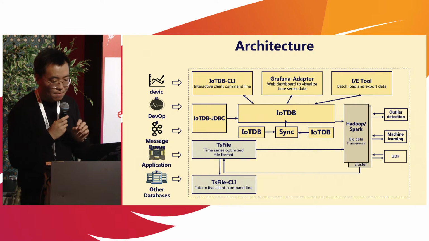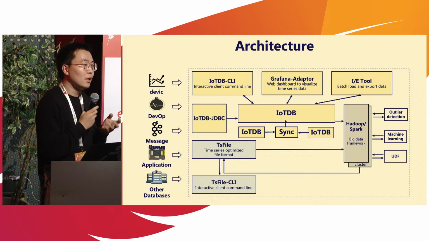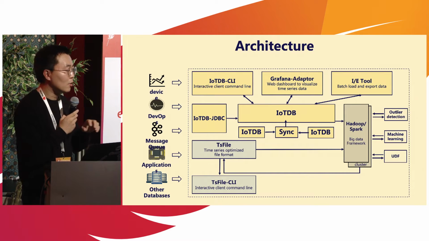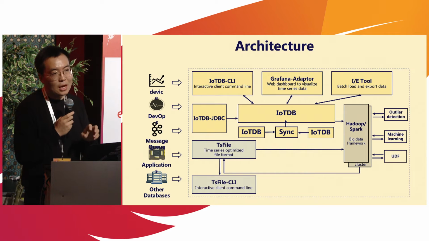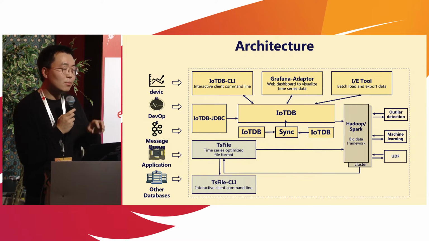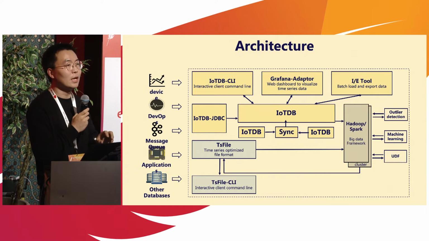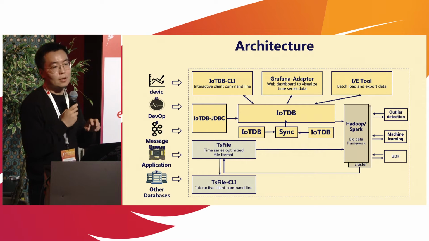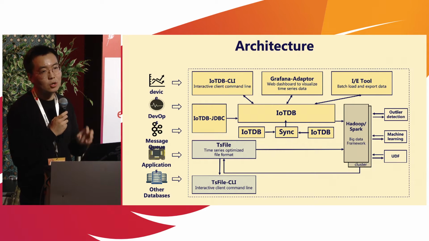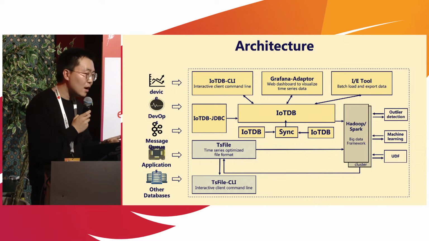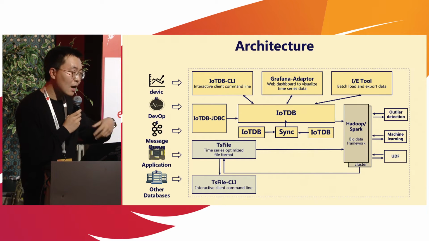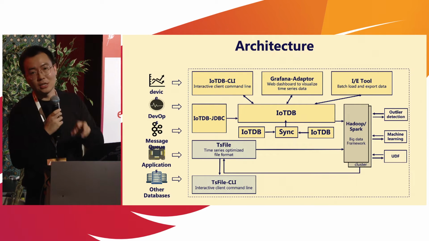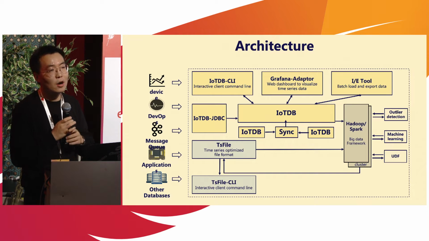For example, if a company has several factories around the world or around Germany, you can deploy the IoTDB instance on each factory, and on each factory it manages the data in this factory, and then you can use the synchronization mode to synchronize the TsFiles from this IoTDB instance to the IoTDB instance in your data center, and then you can get a data warehouse.